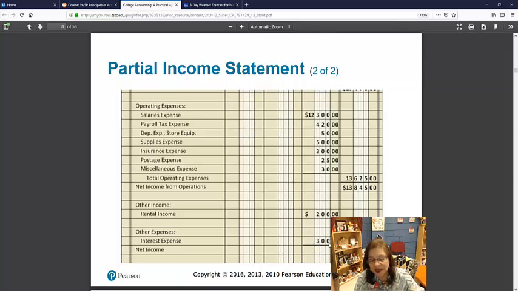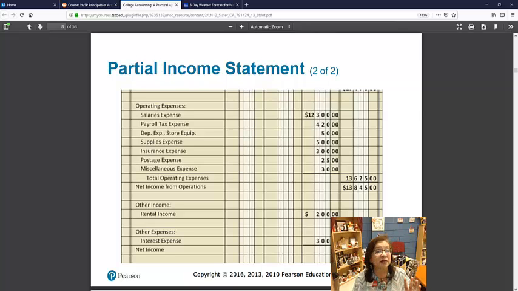Because the interest expense was more than the rental income, you really have a minus of $100 when you subtract it. So you subtract this from the 13,800 and you end up with $13,745.